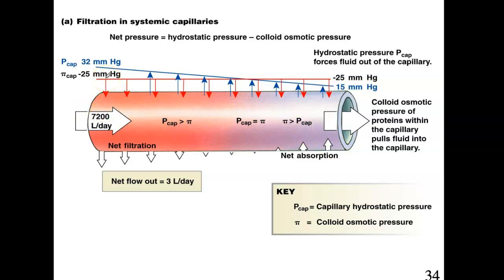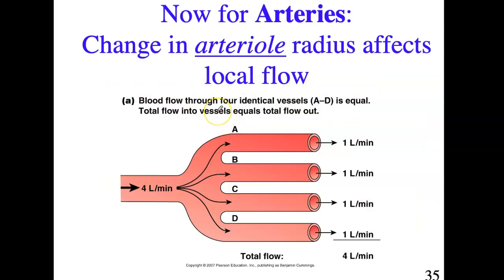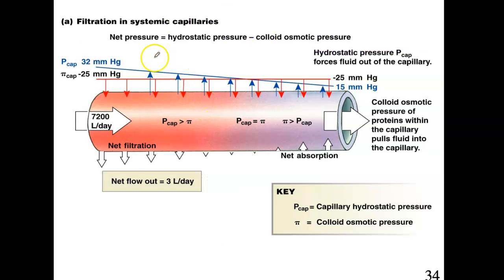It doesn't, because you have these large proteins, and that pressure, the osmotic pressure, is about 25 millimeters of mercury on this end. And as you keep traveling to the other end, it's still 25 millimeters of mercury. So that is not changing. That's staying constant. What is changing is the blue line here, which is the blood pressure.